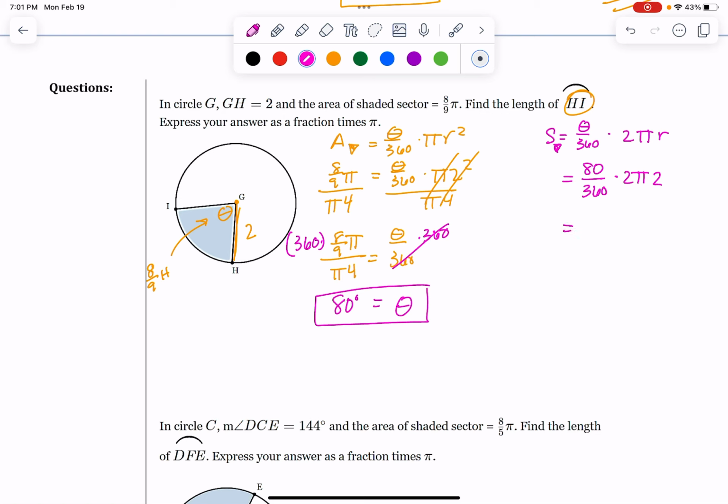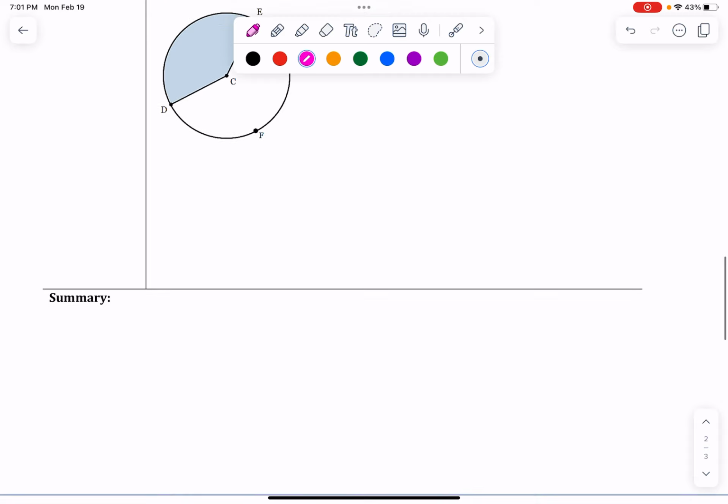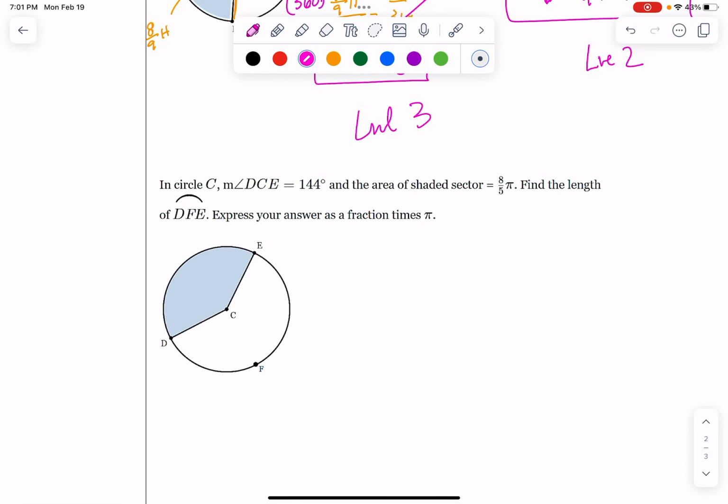So we get that my arc length is 8 over 9 pi units. So again, level 2, level 3. One more.